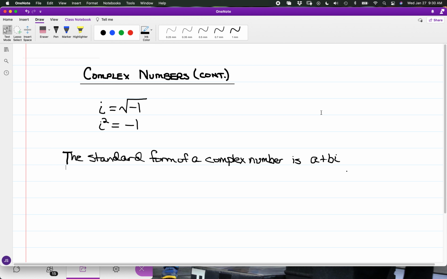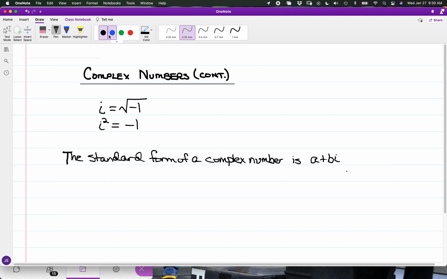Complex numbers are also referred to as imaginary numbers, but I like to just stick with the term complex numbers because there are some real life applications in the hard sciences that deal with complex numbers. And the standard form of a complex number is a plus bi.